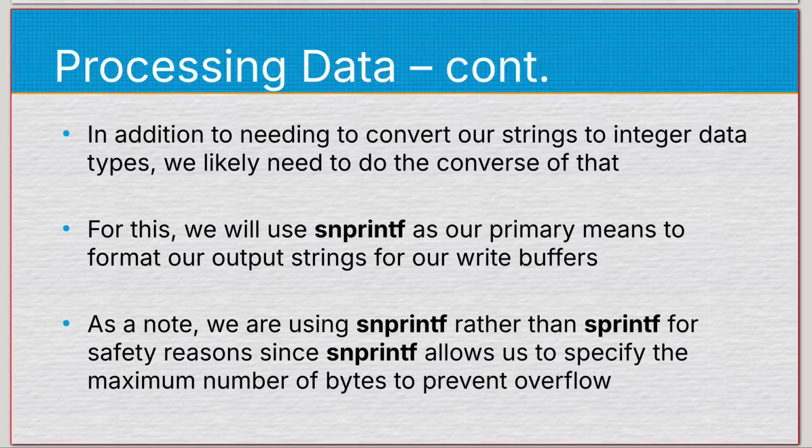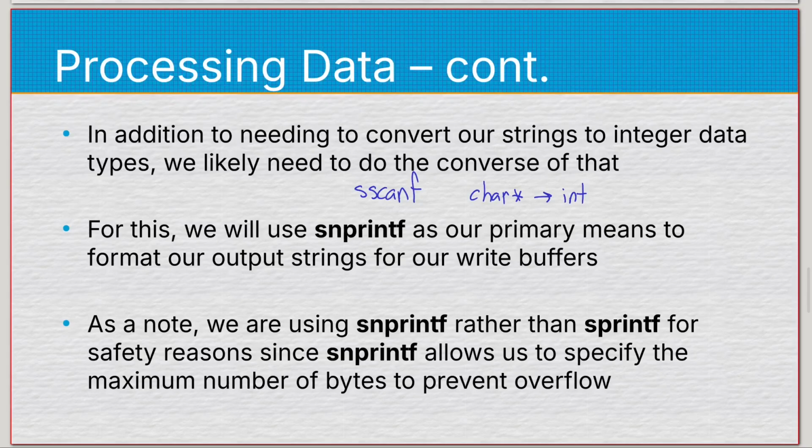On the converse of that, we need to convert our integers back to strings if we want to write that to files or back out to the user, which is still writing to a file, but the standard output stream. So for that, we'll use what's called snprintf. This is very, very similar. So we have sscanf, which lets us go from, say, char star to int.